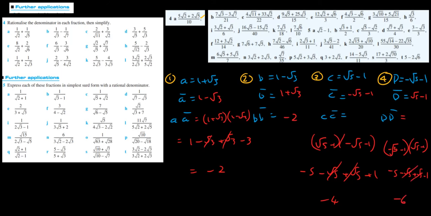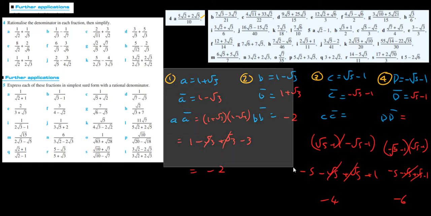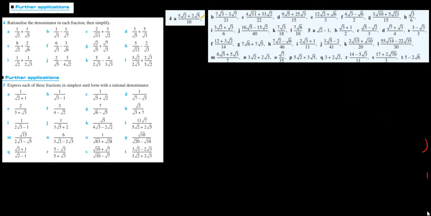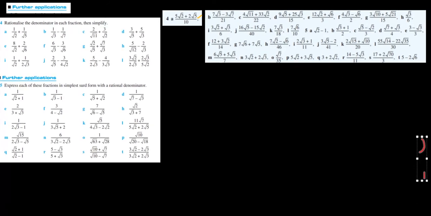Okay, so you should all be familiar with the conjugate. So let's write a sentence for how to simplify radicals where the denominator is a binomial.